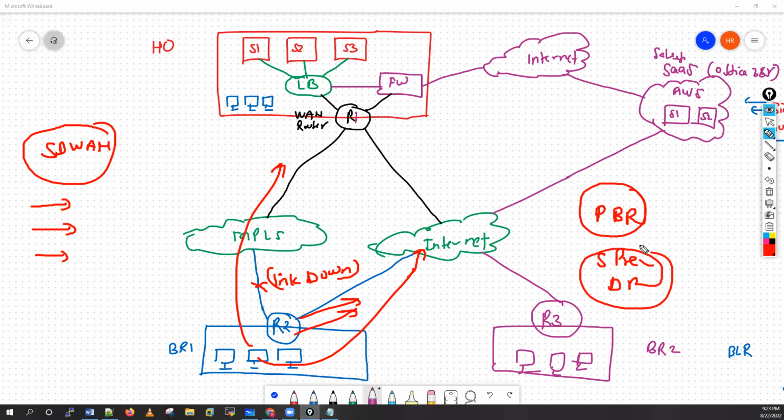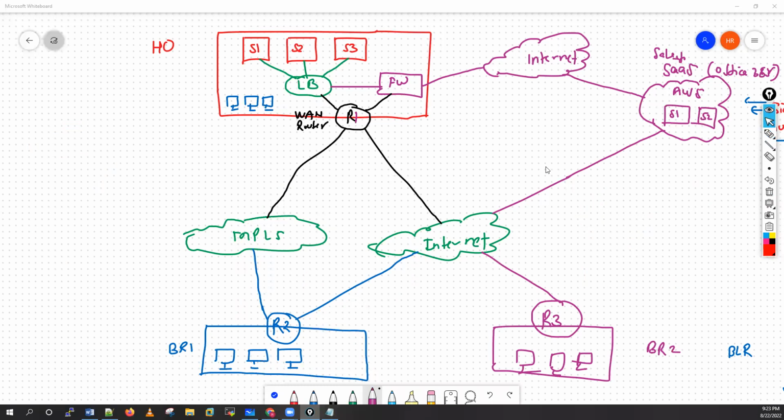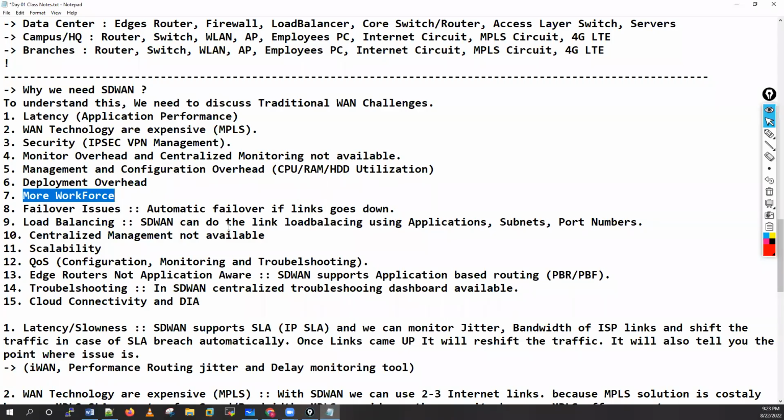But nowadays we can use application aware routing, which means we can shift the traffic on the basis of applications as well, guys. So this is also one of the benefits we get with the SD-WAN solution. So there's automatic failover as well.